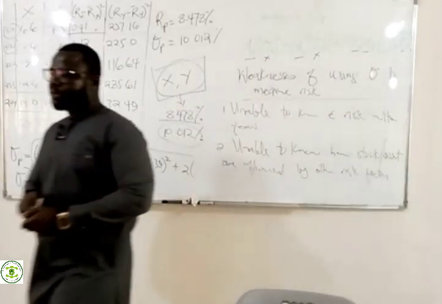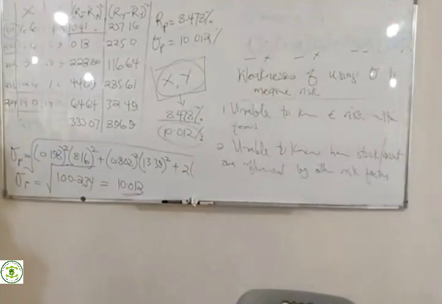By other risk factors, I'm looking at the risks not only coming from the stock itself, but risks from other factors like the macroeconomic variables, business cycle risks, and the rest.